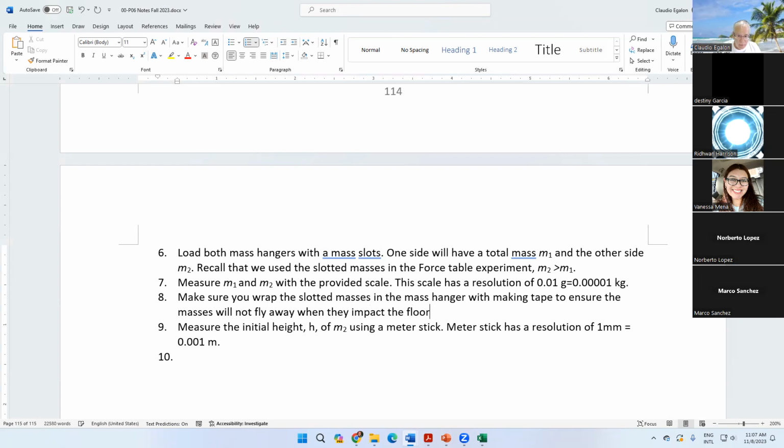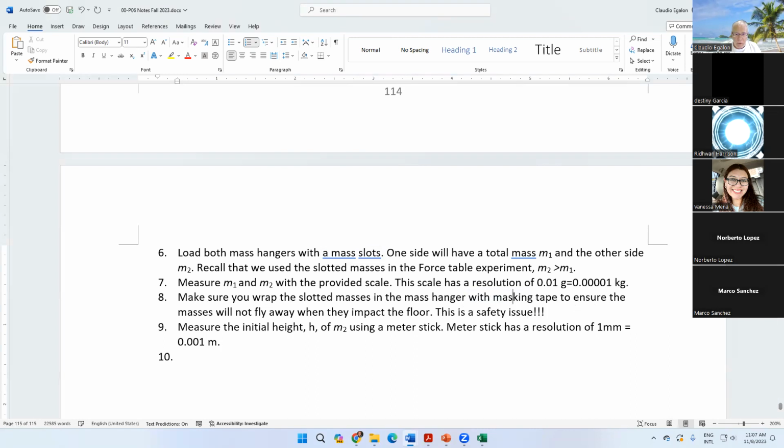Very important. That's a safety issue. Keep in mind, this is a safety issue. You don't want to hurt anybody. Imagine those heavy masses flying all over the place, hitting your foot. This is a safety issue, okay?